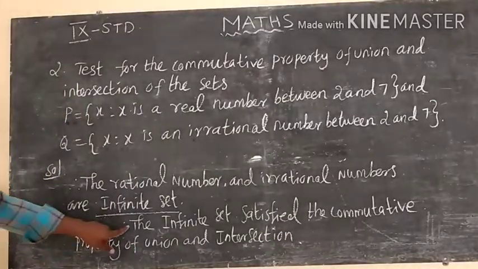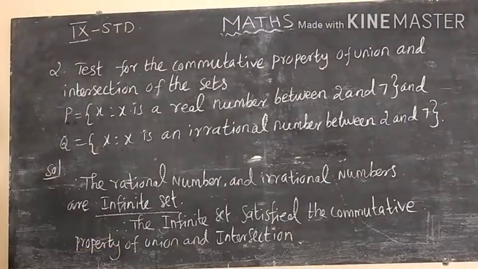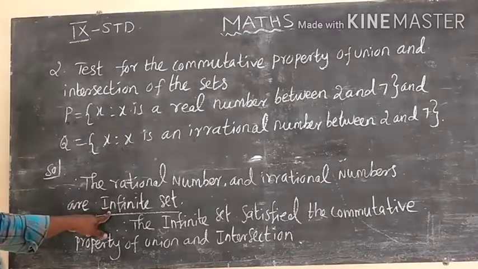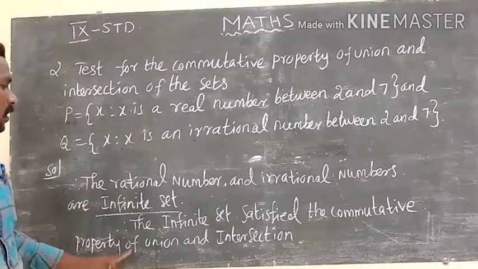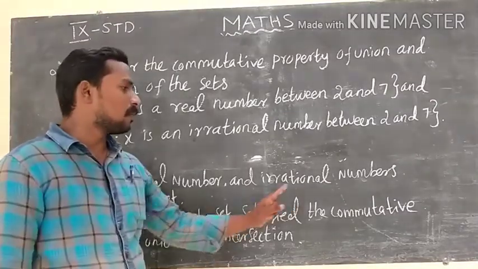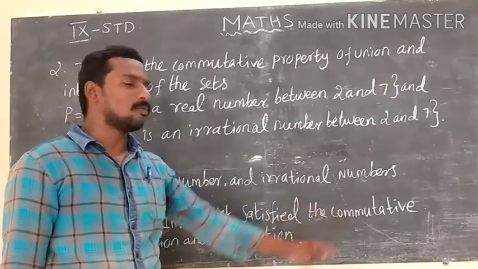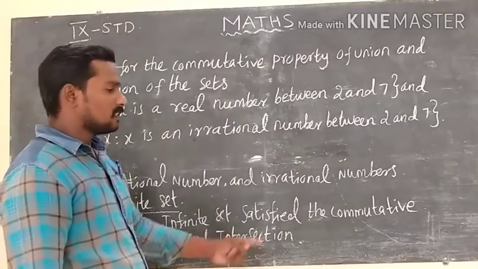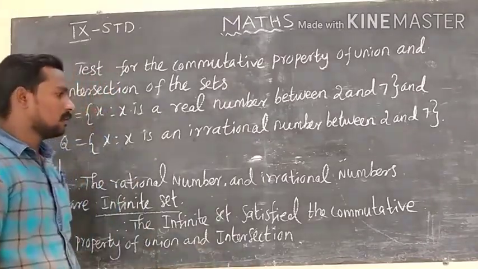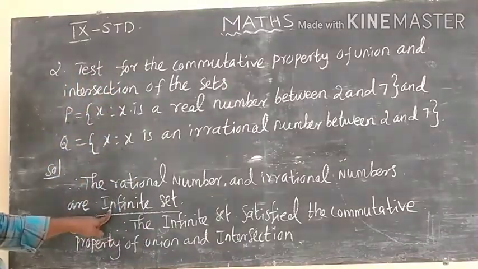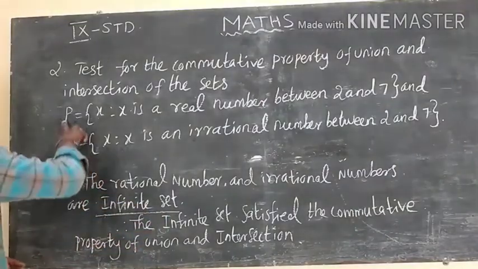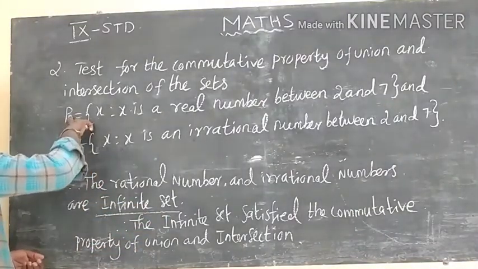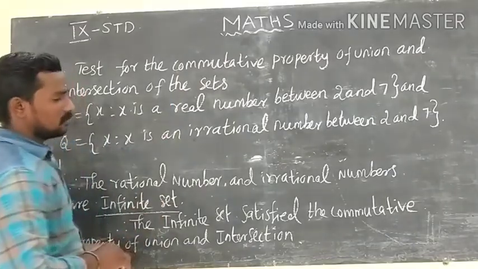If we get an infinite set, the set must satisfy the union and intersection properties, not only the commutative property but also the associative property, distributive property, and everything. So all the properties are satisfied in an infinite set. So these two sets are infinite sets, so they must satisfy the condition.